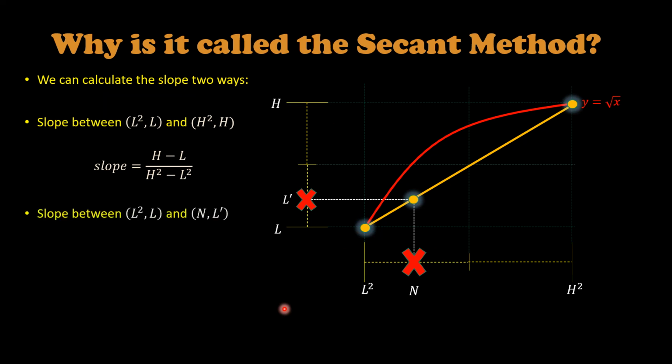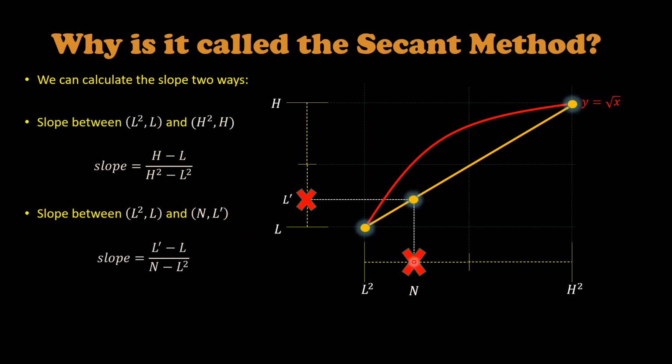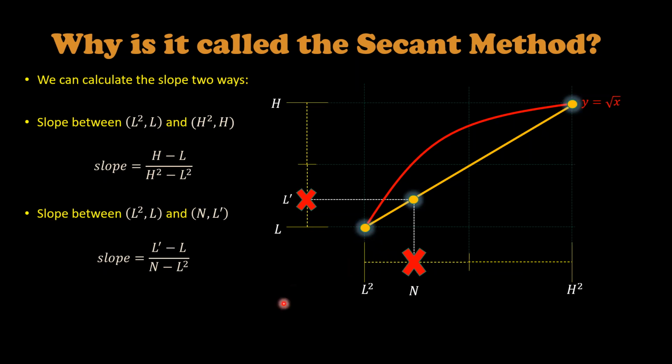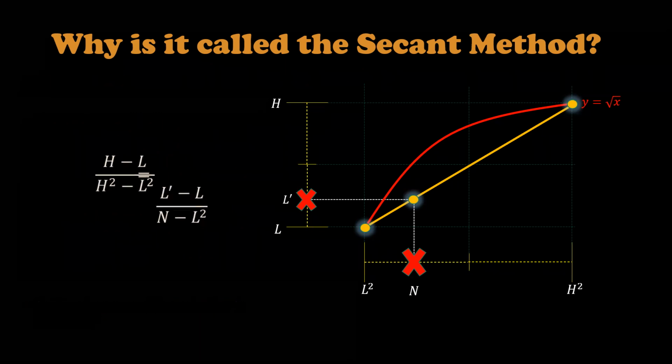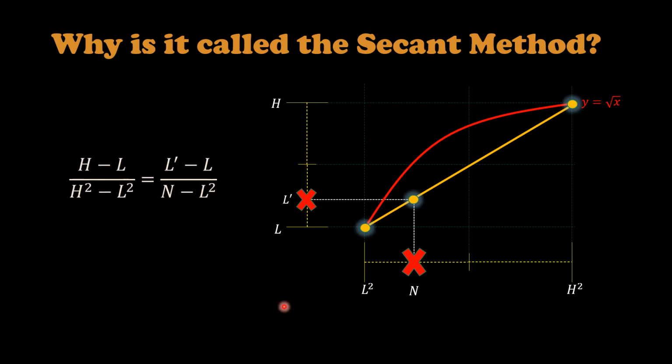And then we can also find the slope between the point L squared, L and the point N comma L prime, where L prime is our next guess. That would be the change in y, L prime minus L, divided by the change in x, N minus L squared. Because both of these are the slope of the same line, we just set them equal to each other.